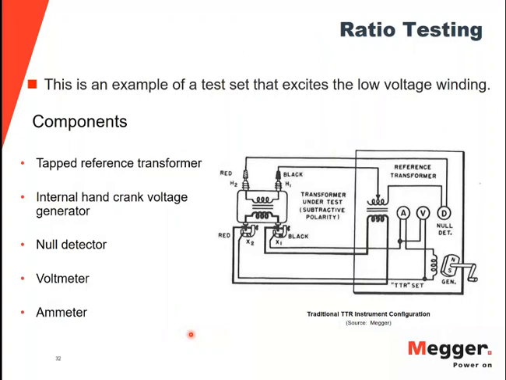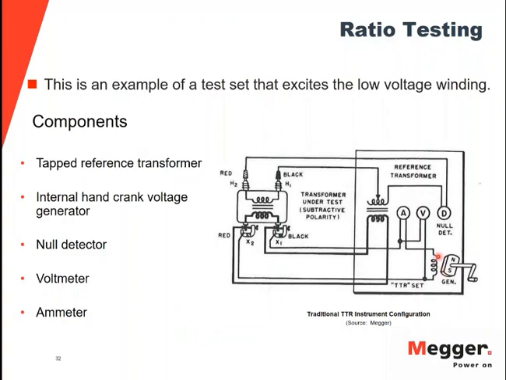Back in the days when we had completely manual transformer turns ratio meters, they would work on the principle of the null detection technique. You would have a hand-cranked voltage generator that you would use to induce a voltage. That voltage would get applied to the transformer under test secondary side, and you would also apply the same voltage to a reference tap transformer.